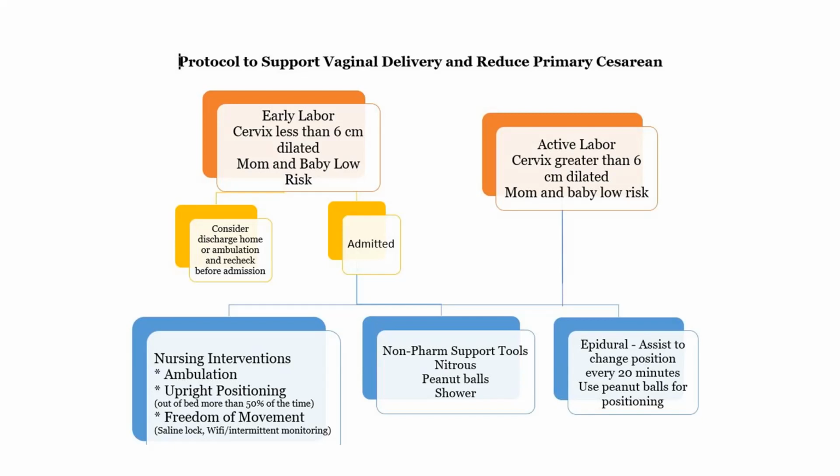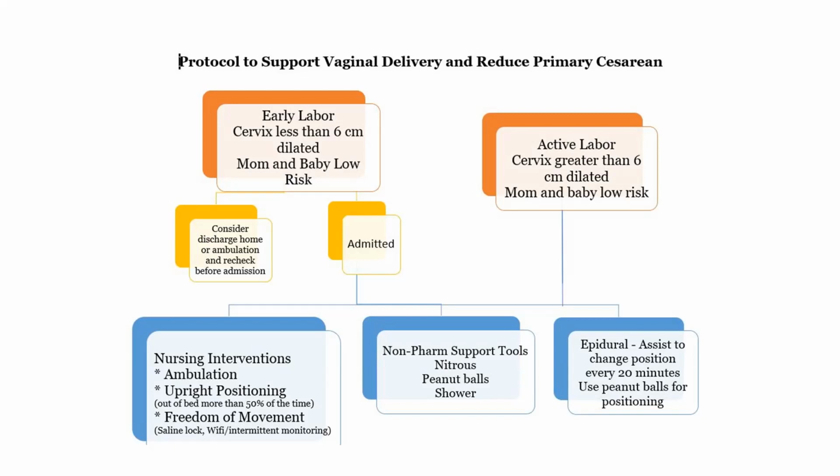And then active labor, we are looking at 6 centimeters and above. And then if we do have an epidural, we need to be changing that position for that mom every 20 to 30 minutes. That's our job as the nurse, is getting in and moving the mom just like she would be moving if she did not have an epidural.